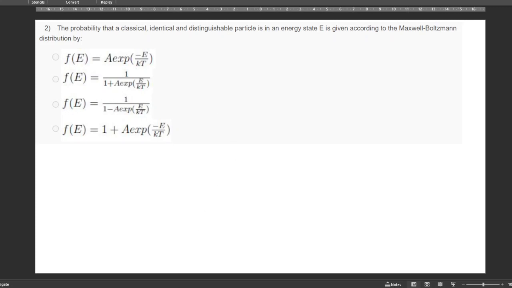The expression is an exponential function, given by phi equal to A times exponential of minus E by kT.